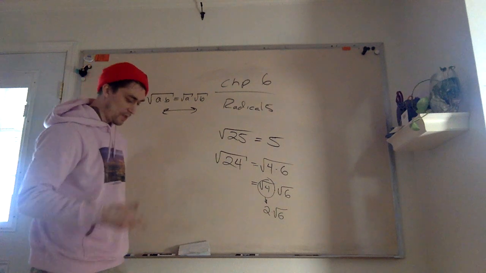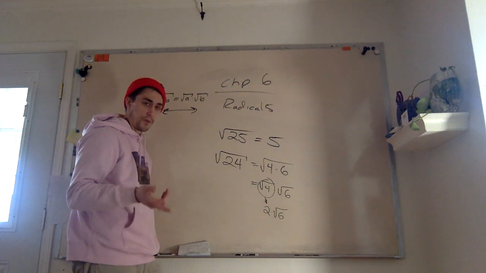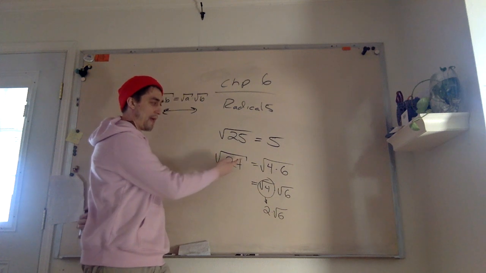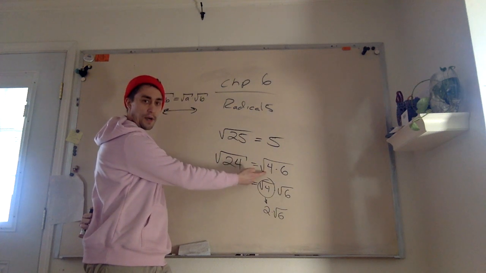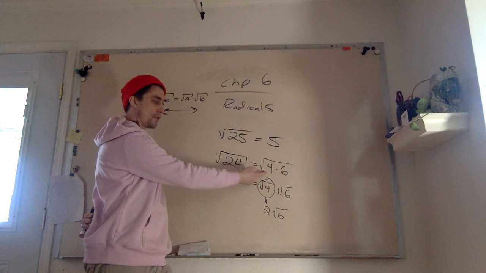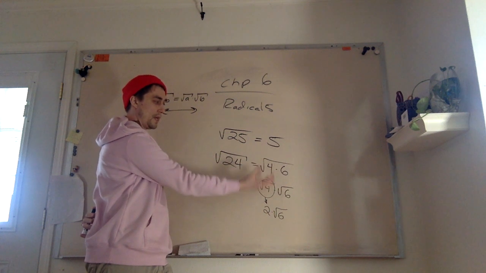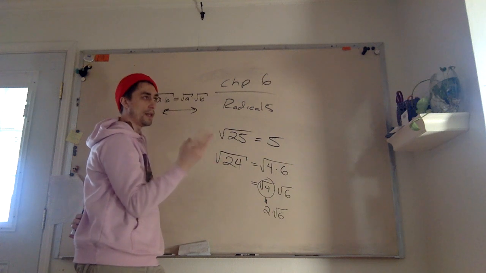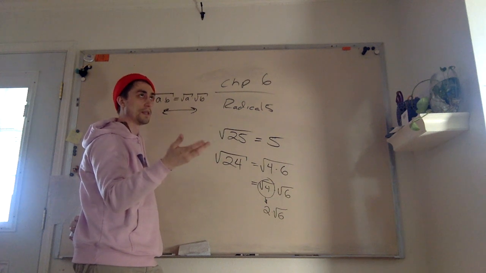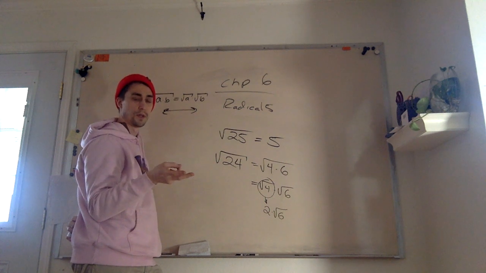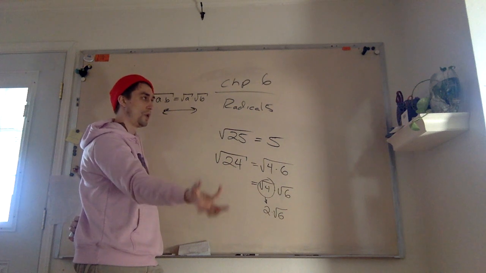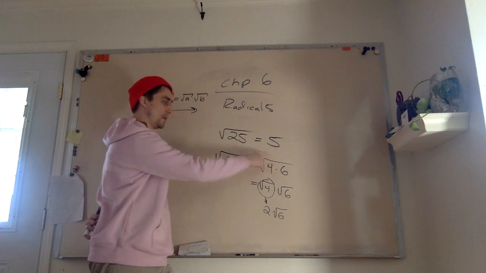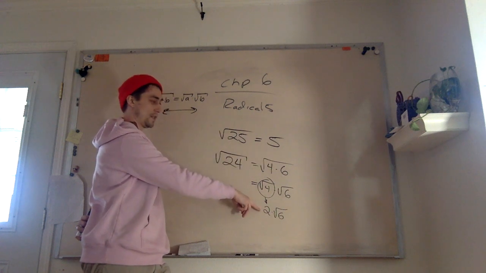The language that I use, and I've heard other people use, is that 24 contains a factor that is a perfect square. And when you have a perfect square underneath a square root, it can be removed as a whole number. So what I say is I pulled out a 2. I can pull out a 2 from 24 because the square root of 4 comes out as a 2.